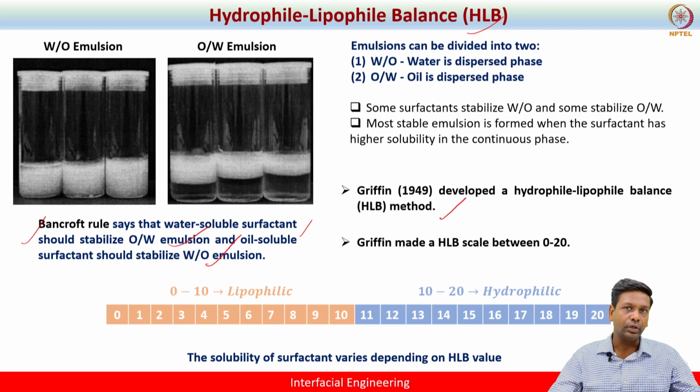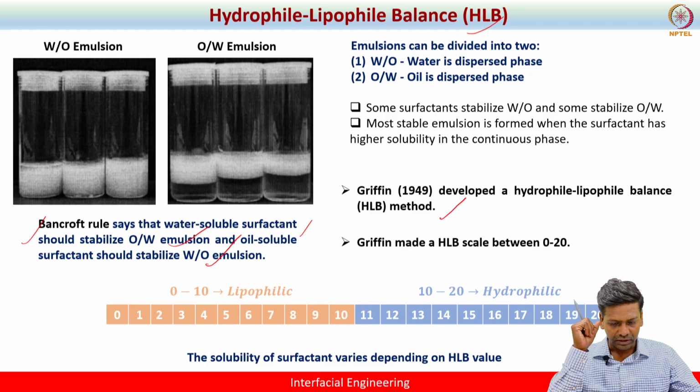On the pH scale you have numbers from 1 to 7 and then up to 14, so you know how the pH behaves when it is less than 7 and how it behaves when it is greater than 7. In a similar way, Griffin has developed the HLB scale between 0 and 20.